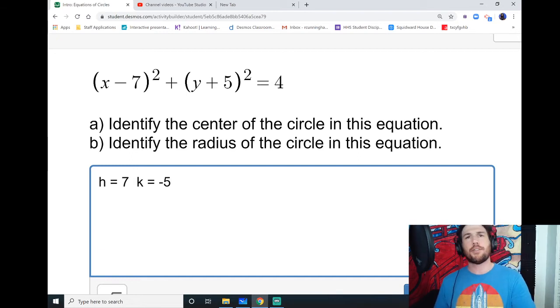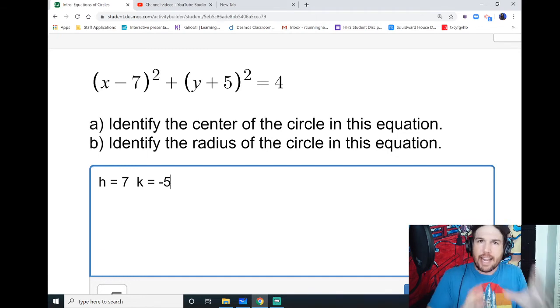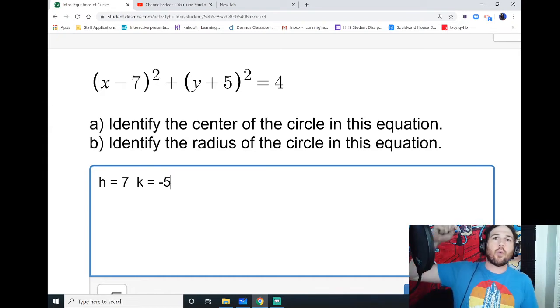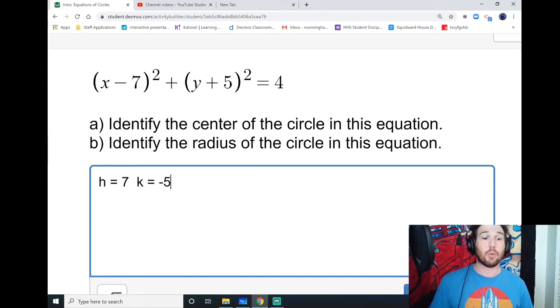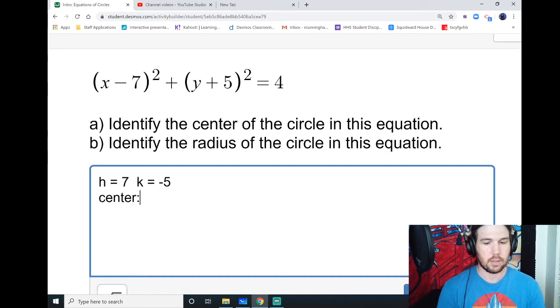This y plus 5 actually moves it down 5. But that's because it's not really y plus 5. It's y minus negative 5. Negative 5 is k. That's why the graph is being moved down 5. So the center is 7, negative 5.